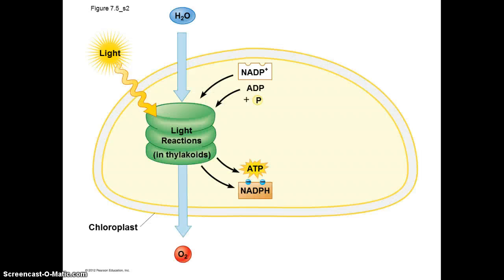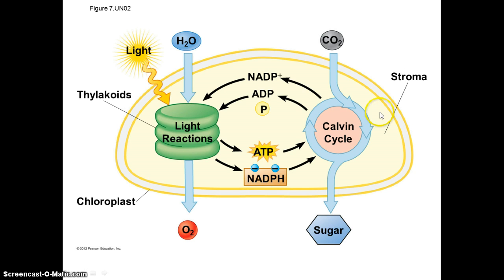Now basically there are two phases in photosynthesis. The first phase is called the light reaction, or light dependent reaction, because this is where we require light. It uses water, and the water basically is used to replace those electrons that get excited, and our byproduct is oxygen. And we take that energy and capture it into these two molecules, ATP and NADPH, which are then used in the Calvin cycle.